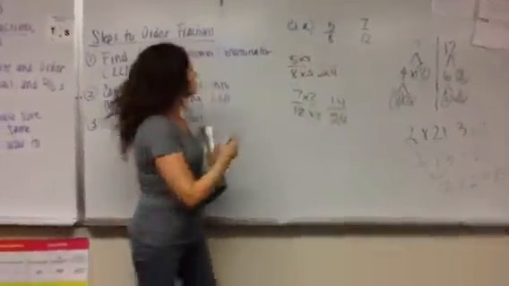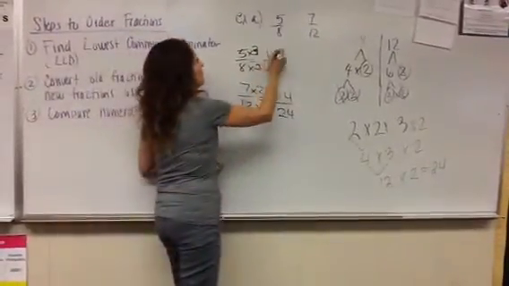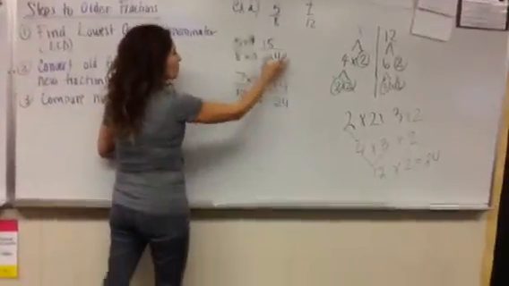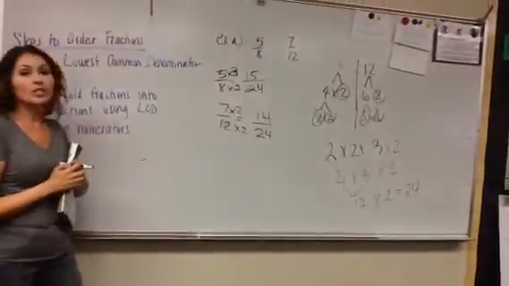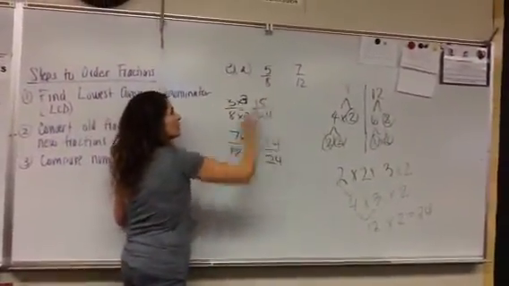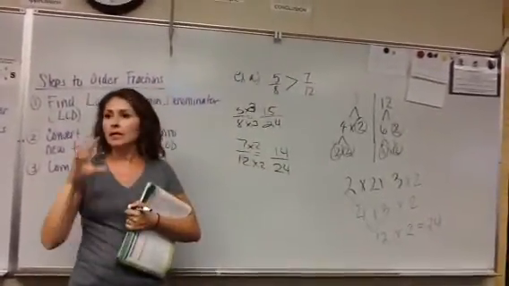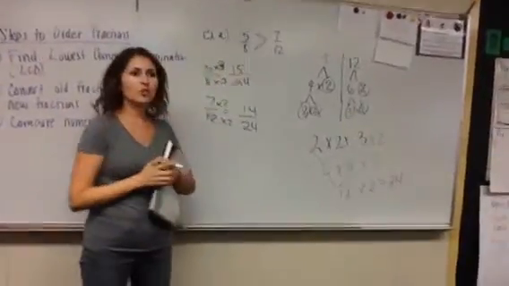Do the same thing to the numerator, and I get 15. Now comparing these apples to apples, 24, 24, all I have to do is look at the numerator, and I can tell which is greater. 5/8, because there's 15/24, is greater. So I put my inequality symbol, eating the bigger one, and I'm good to go.